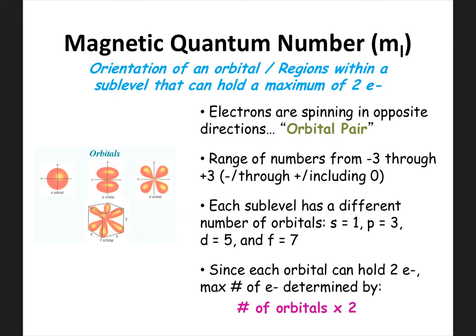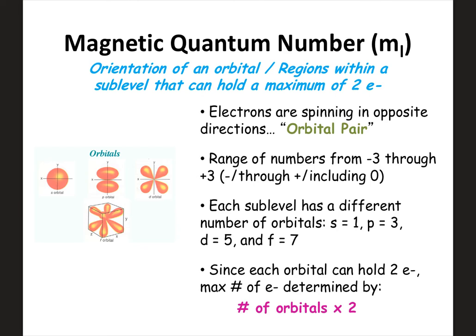P's have 3 orbitals and can hold 6 electrons. D's have 5 orbitals, can hold 10 electrons. Remember, 2 electrons in each orbital. And F's have 7 orbitals, which can hold 14 electrons. All right, just remember, take the number of orbitals times 2 because each orbital can only hold 2 electrons.